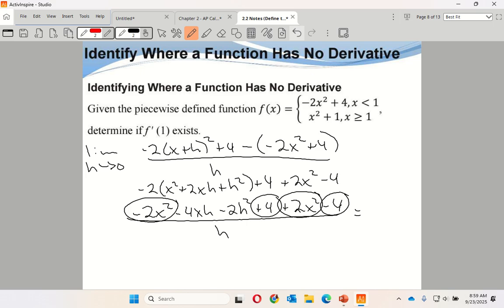I get h times quantity negative 4x minus 2h, over h. Then take the limit as h approaches 0. Those things go away, and I'm left with negative 4x.